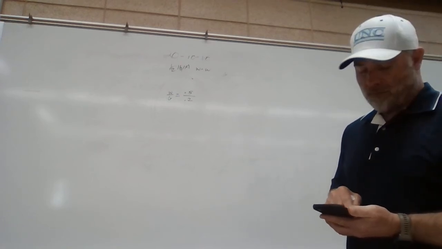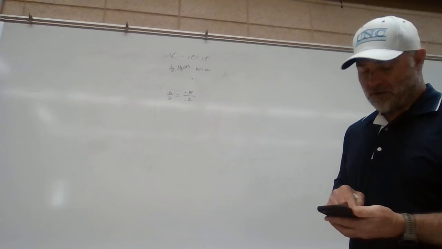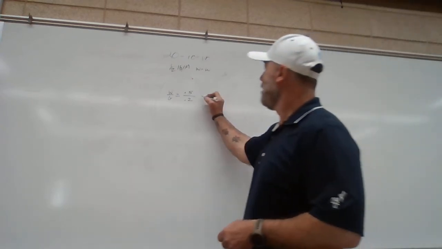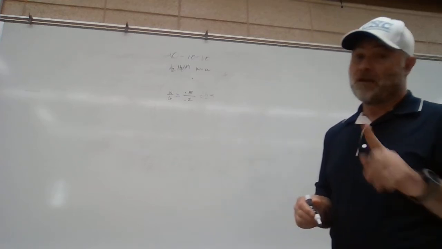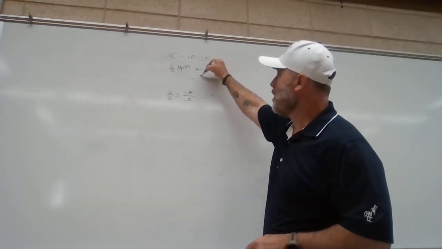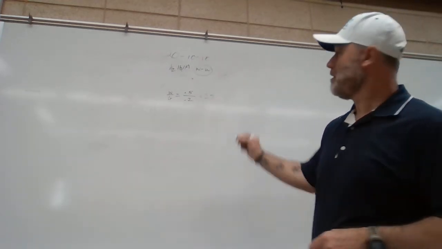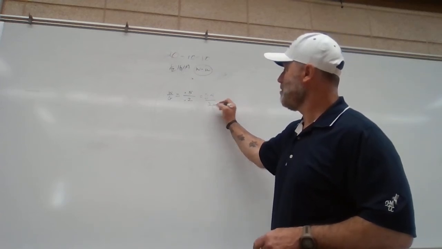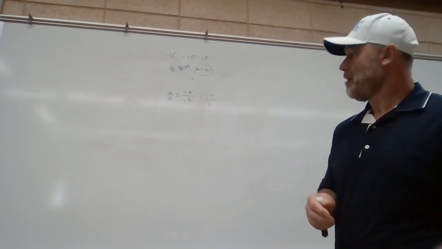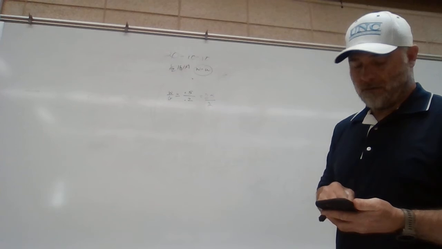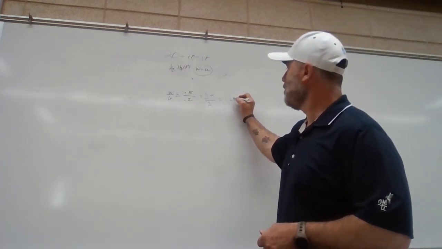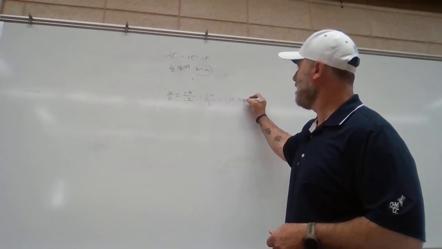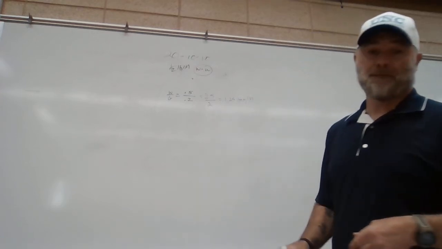So 0.5 divided by 0.2 equals 2.5, right? No, wheel to wheel. I have to divide this by 2. Now that gives me 1.25 pounds per thousand.